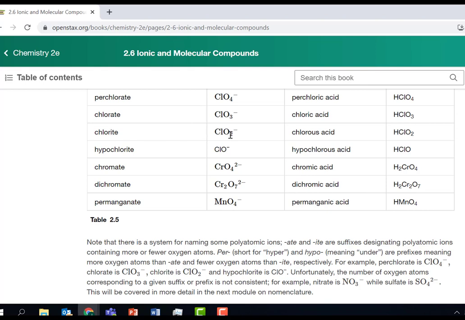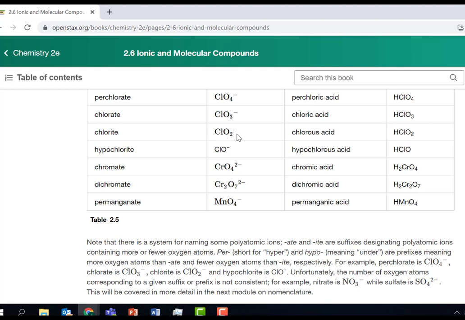Chlorite is 2 oxygens, -1 charge. So the only difference between those is the number of oxygens. ATE has 1 more oxygen than ITE, and that's always going to be the case. The charges will always be the same. So you don't have to memorize chlorite, just memorize chlorate, and then chlorite is 1 less oxygen. We have this additional trend that sometimes comes up.